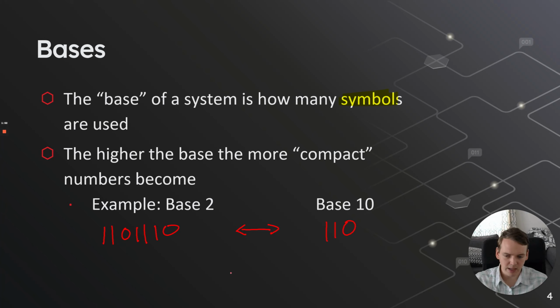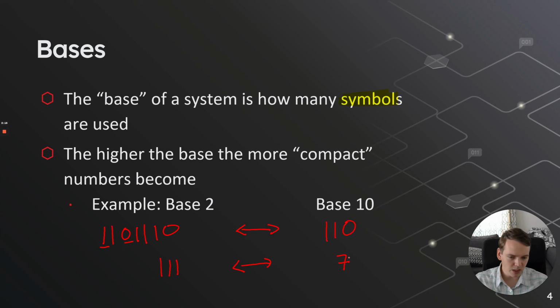And so we can look at that just like another example might be this number is equivalent to, what would that be? That would be 1 plus 2 plus 4 would be 7. So the difference is in base 2, we're only using two symbols, these 1s and these 0s.